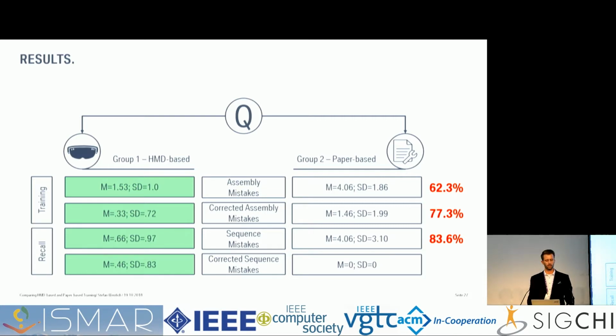After completing the training, they had to assemble the engine again without any assistance, and the group who received HMD-based learning made 83% fewer sequence mistakes compared to paper-based. So the quality of the learning is much better than the paper-based learning.